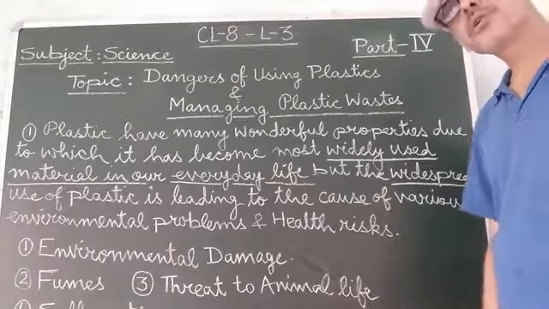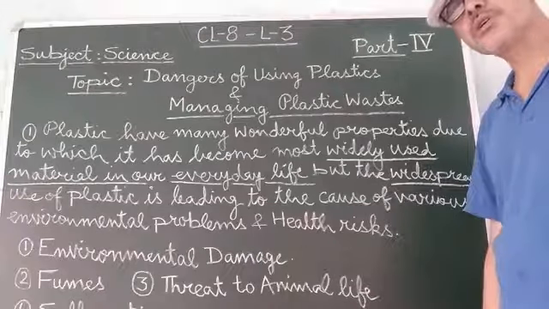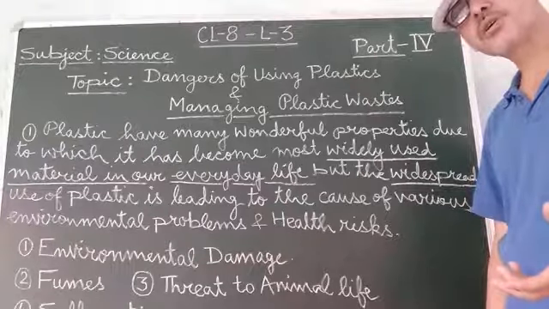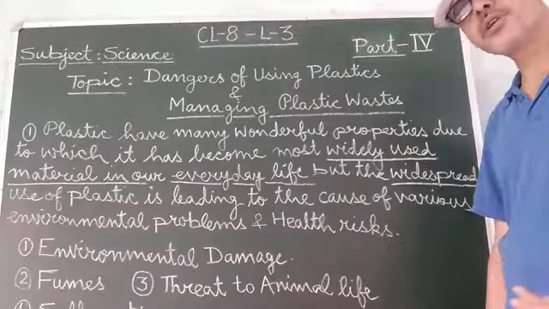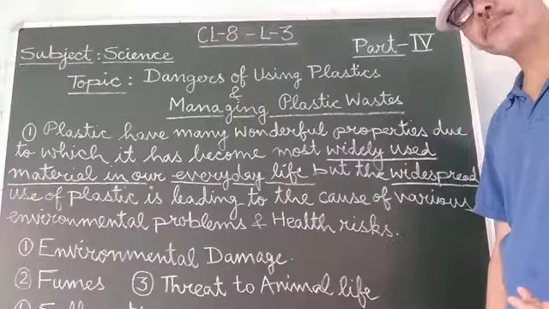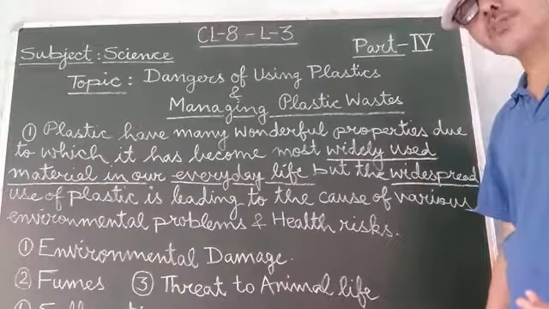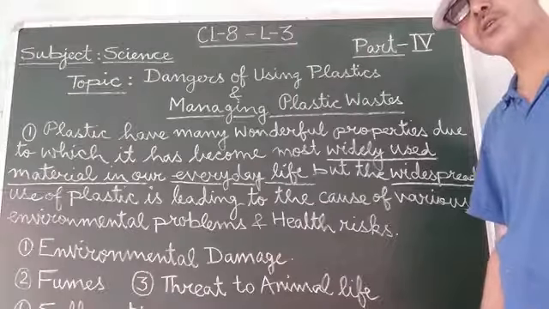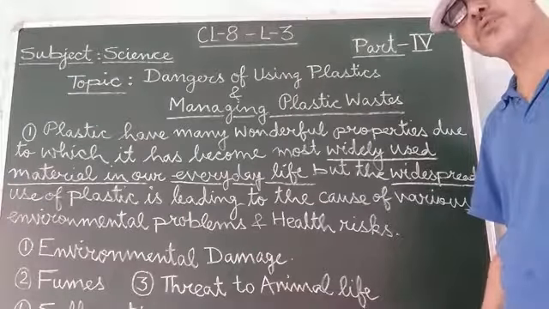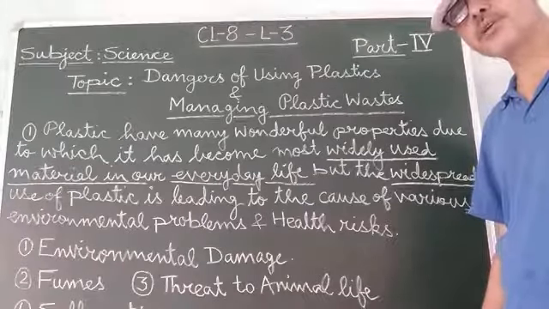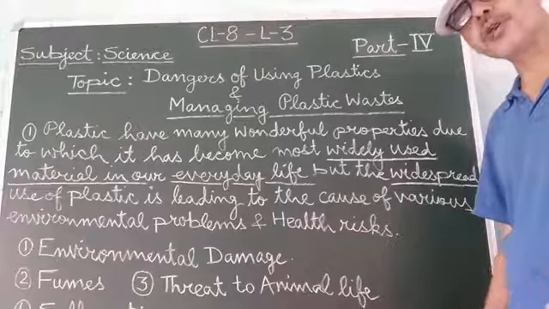The next danger of using plastic is that since plastic cannot be degraded, we cannot get rid of it, like the plastic bags or polythene bags which we use for bringing various commodities in our day-to-day life. Food grains nowadays come packed in plastic bags or polythene bags.